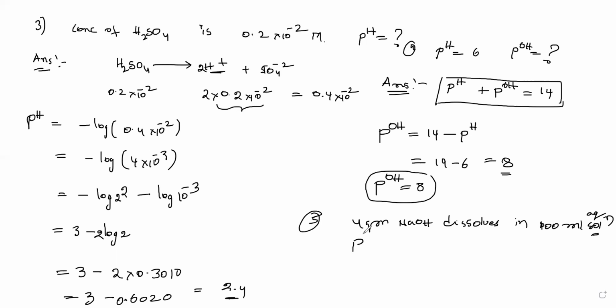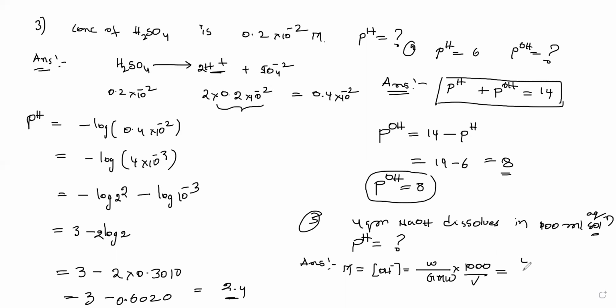Calculate the pH of the solution. But in this case, first of all, we have to calculate the concentration of OH minus, that is, the molarity. What is the molarity principle? It is weight by gram molecular weight into 1000 by volume of solution.